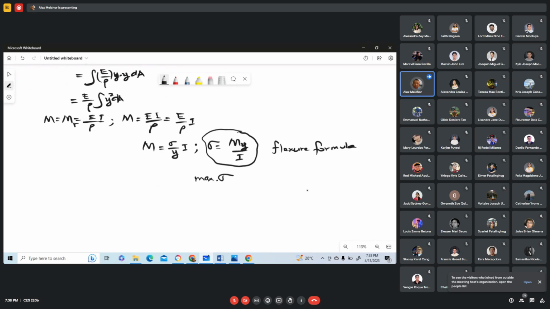So the maximum flexural stress is equal to Mc over I, where c there is the vertical distance from the neutral axis to the fiber, and this is the remotest fiber, the farthest fiber. I'll just write here, farthest fiber.